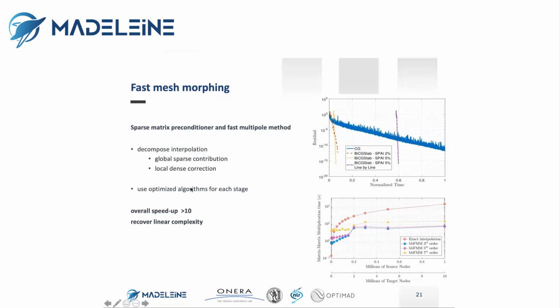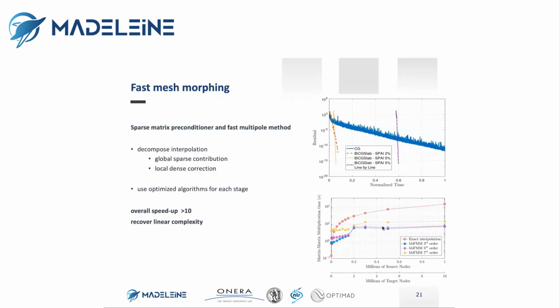Again, I won't go into technicalities, but with respect to the RBF implementation before Madeleine, they achieved a speed up of more than 10 for the cases that have been addressed in Madeleine. But what is even more important is the reduction in complexity.